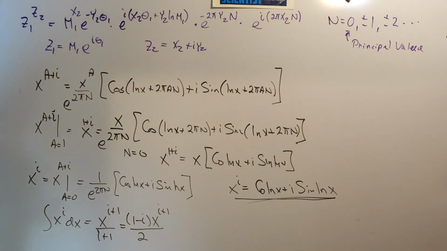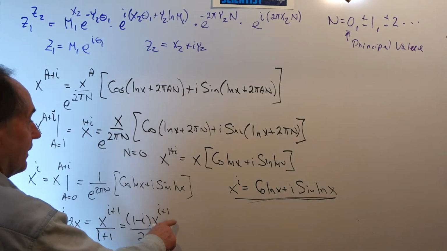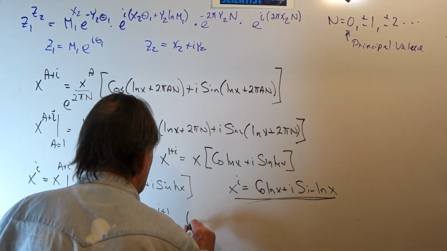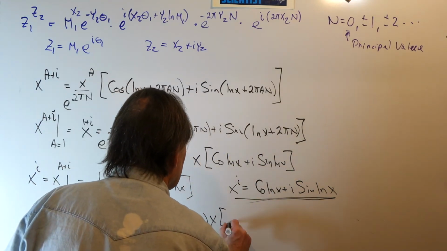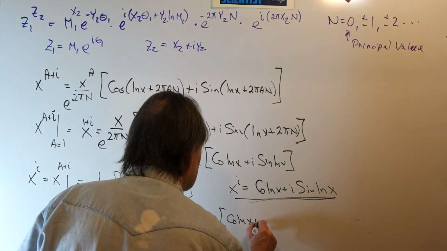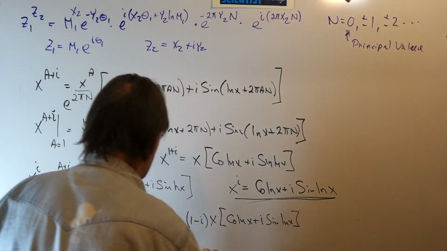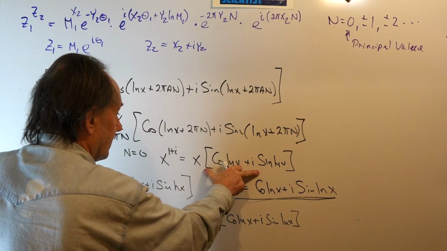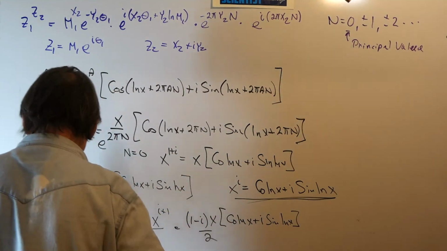So what we have here then is, putting in for x to the I plus 1, we can write this as 1 minus I times x times the cosine of the natural log of x plus I times the sine of the natural log of x. What I've done is I substituted in for x to the I plus 1 this trigonometric form, and then this is divided by 2.